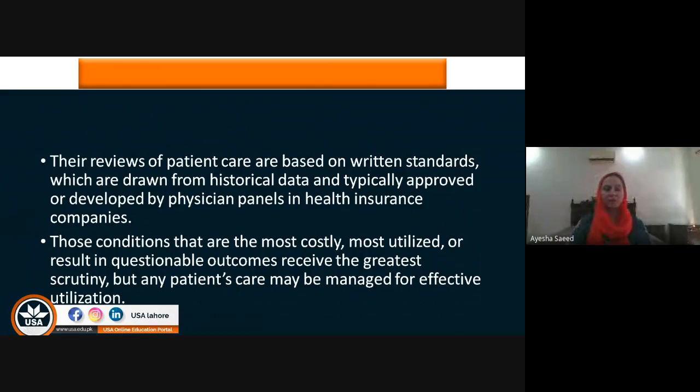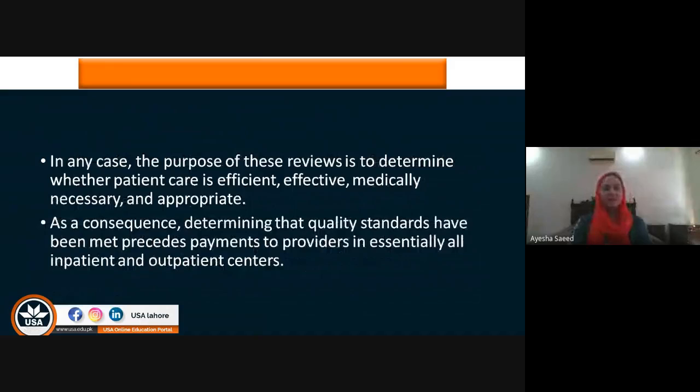So this is done mostly with the most costly techniques. In any case, the purpose of these reviews is to determine whether patient care is efficient, effective, medically necessary, and appropriate. This is basically to reduce the cost and to see if appropriate care is being given and there is no wastage.